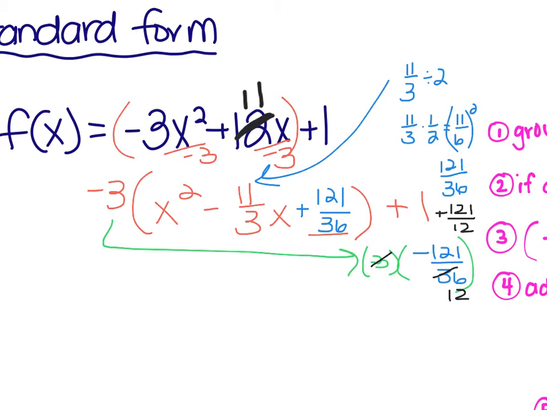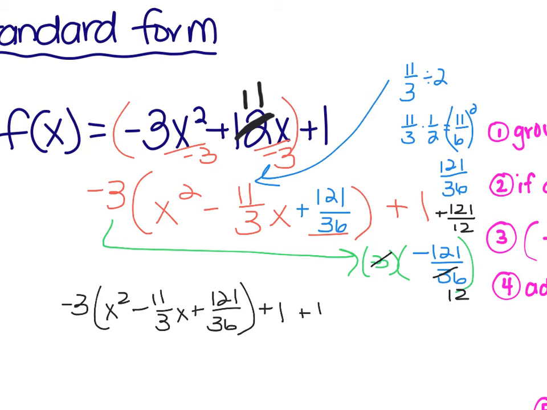So I'm here: -3x squared minus 11/3x plus 121/36 plus 1 plus 121/12. To combine the 1 and the 121/12, I have to give them a like denominator, which should be 12/12.